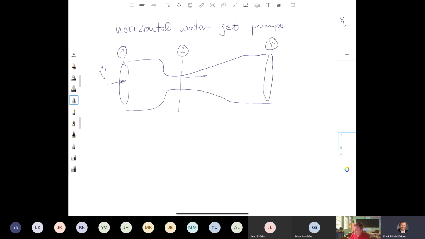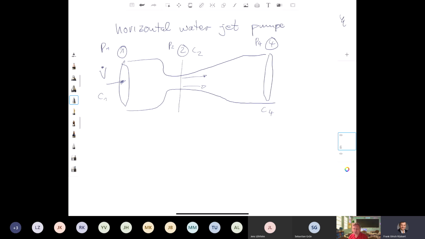Okay. And this 0.3, I will come to this later, but at first I want to ask you what happens if you have here a higher velocity at this point. What could happen at 0.2? If you have here pressure 1, pressure 2, pressure 4, velocity 1, velocity 2, and velocity 4.